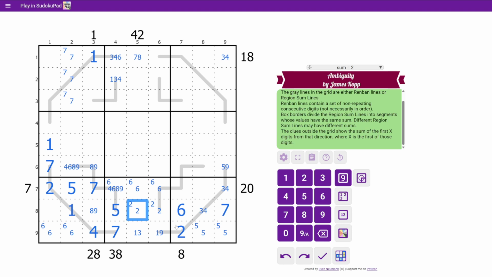It could be a 2 still. It could not be a 3 because the 3 would have to go there. It could be a 4. It can't be a 5, 6, or 7. They're all on the row. It couldn't be an 8 either because 8 would be at the top. And it could be a 9. That can only be a 2, 4, 9 right there. So 8 only has this option.